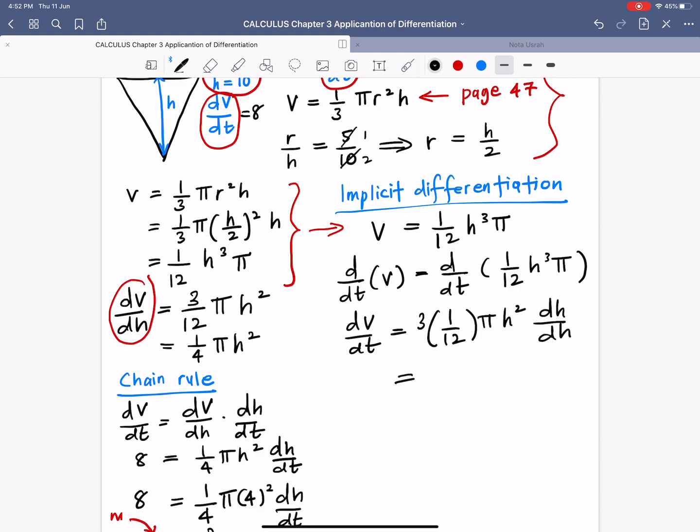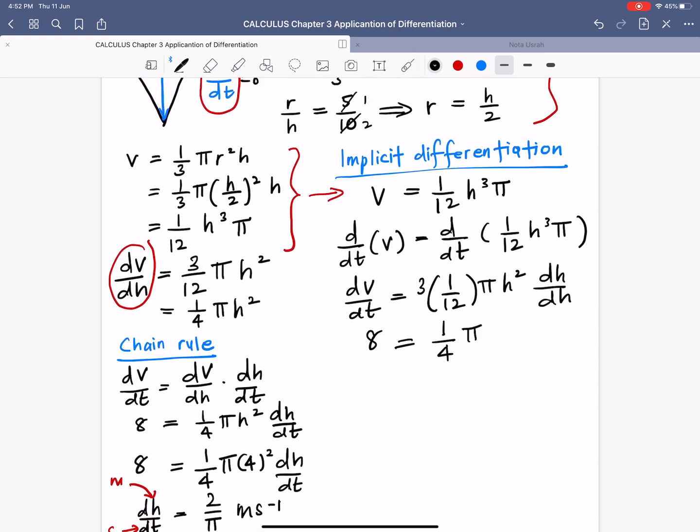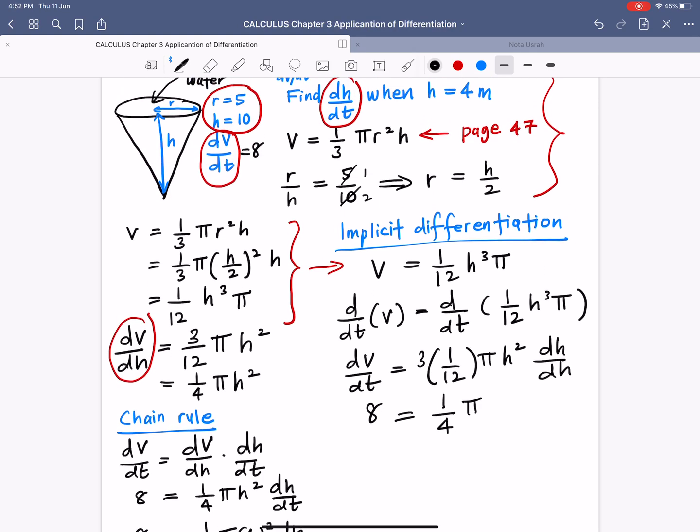Okay. So then you substitute dV/dt given in the question. It is 8. And then we have here 1 over 4 pi, and then h squared. Where is h? h is 4.